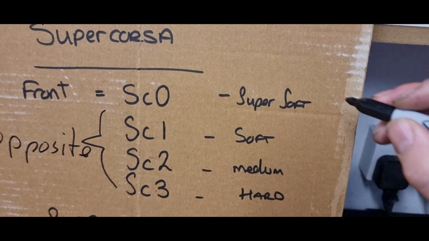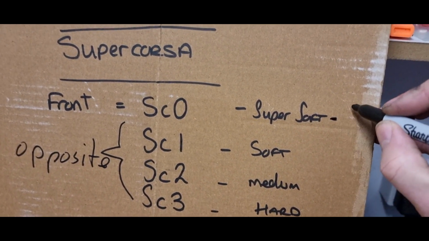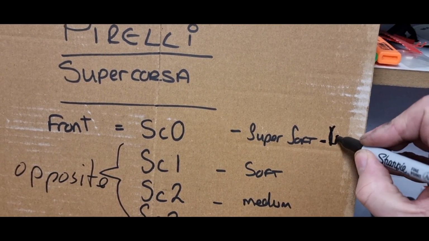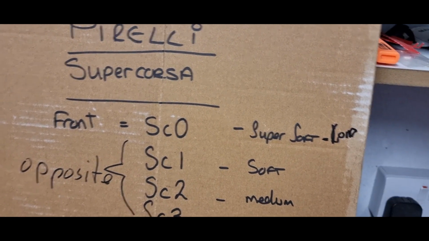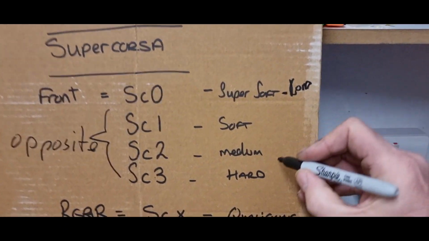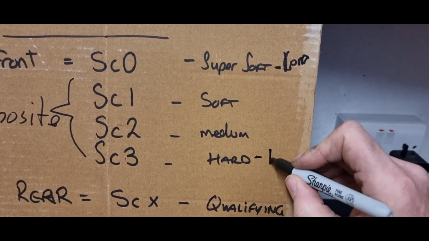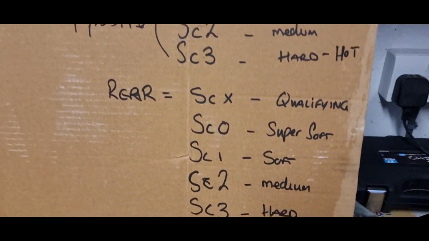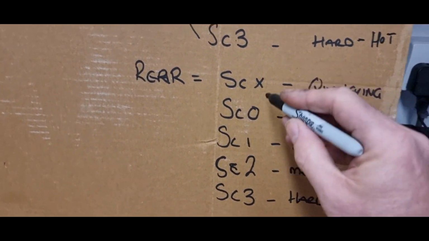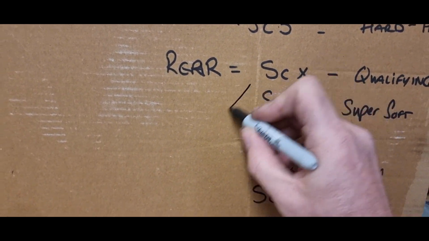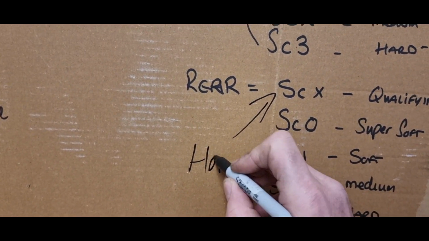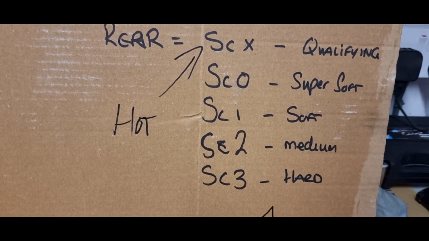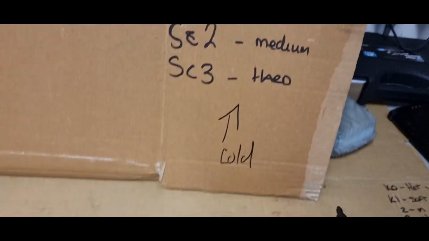As in, this super soft is when it's cold. So you need to use an SC0 when it's cold, and the hard you use when it's hot. Now that's only on the front. On the rear, it is normal where you're qualifying, you'd use that as your hot, and this would be your cold.